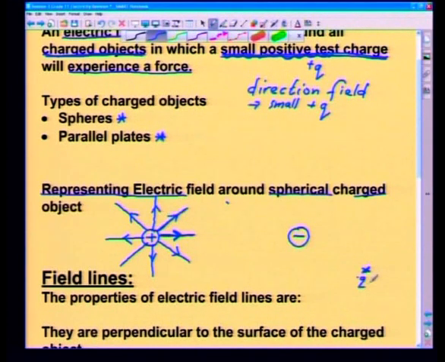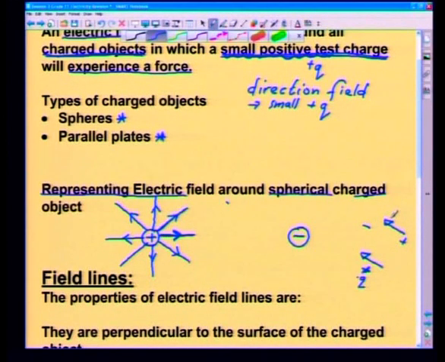If I put a positively charged particle there in the field of this charge here, that small particle will move towards the charge because the positive and the negative will attract each other.